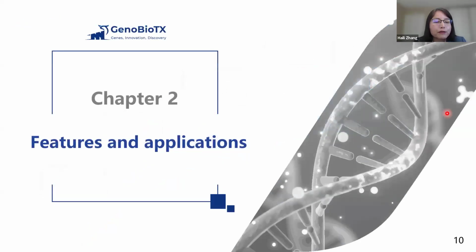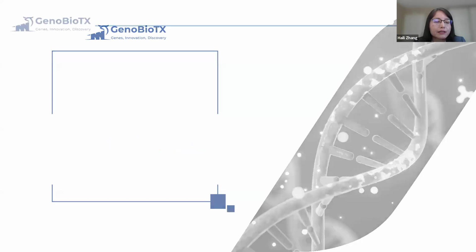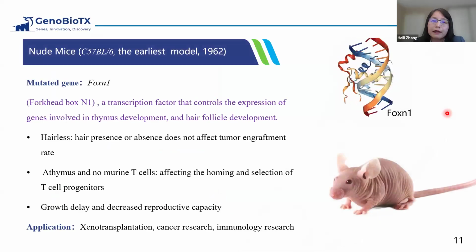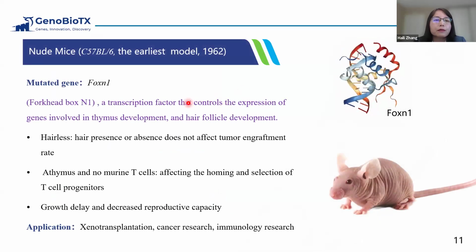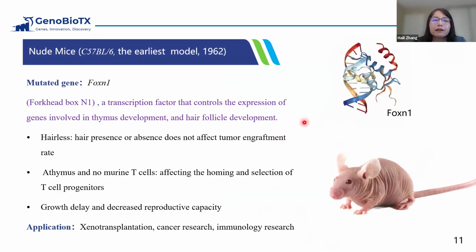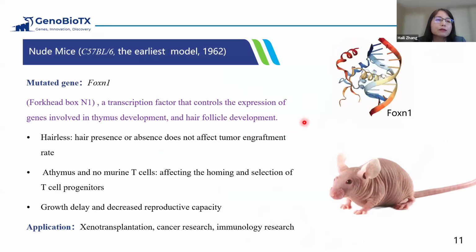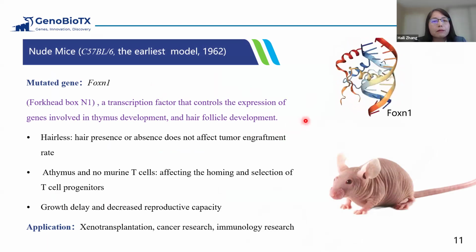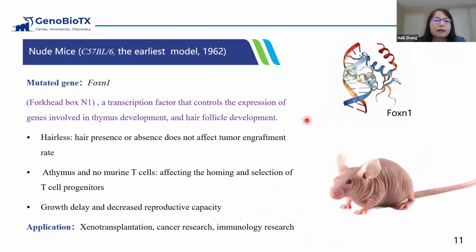So let's review some detail on each generation of immunodeficient mice and their application. So nude mice carry a mutation in the FOXN1 gene. FOXN1 is a transcription factor that controls the expression of genes involved in thymus and hair follicle development.